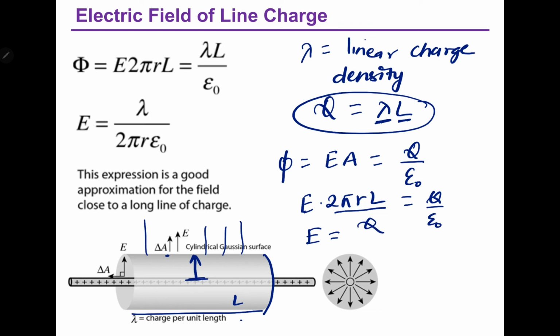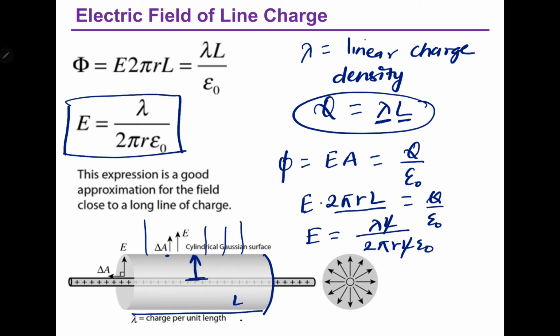Now you can convert Q into lambda L, so I can write lambda L divided by 2 pi r L epsilon naught. L and L will be cancelled, and you will end up with this formula: E equals lambda over 2 pi epsilon naught r. R is the distance from this linear charge distribution to the Gaussian surface, actually the radius of the cylindrical Gaussian surface.